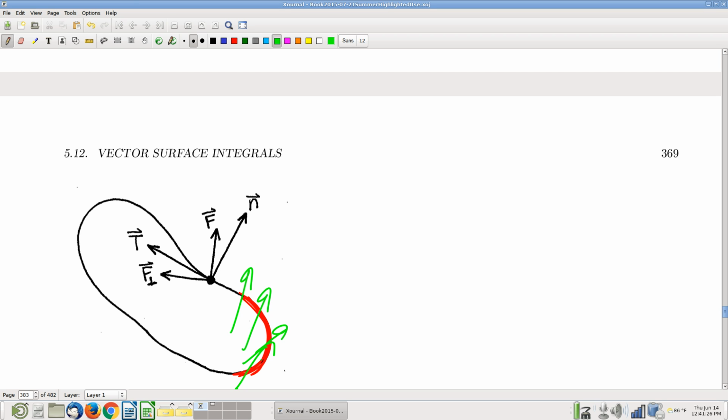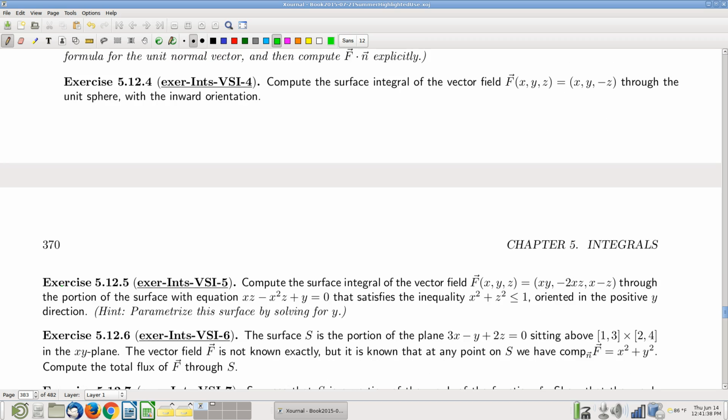Totally analogous. I'm going to let you all read this subsection for details. It's pretty straightforward and very analogous ideas. Okay. All right, it's very short.